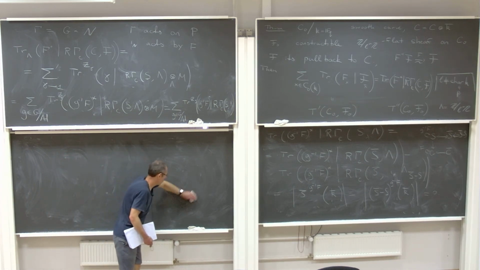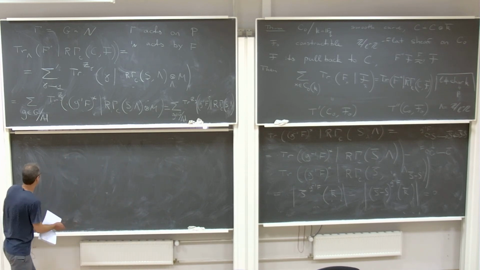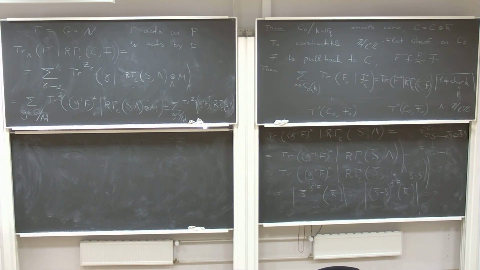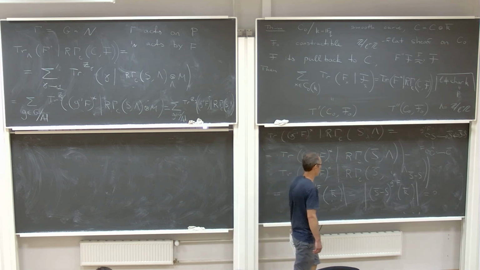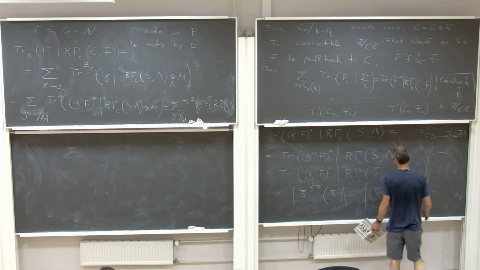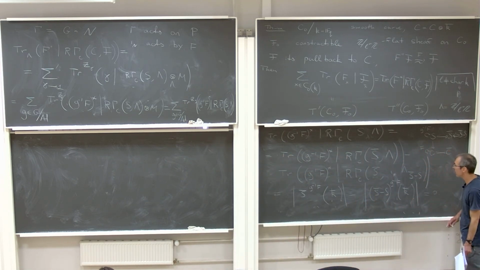Okay, so let's see where we are. We proved the Lefschetz formula with finite coefficients for curves, and I already explained that it implies the Lefschetz formula with QL coefficients, even with finite coefficients, for every scheme.